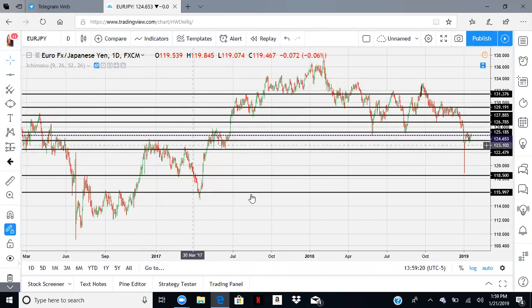So I found my roof and my ceiling on the day chart.